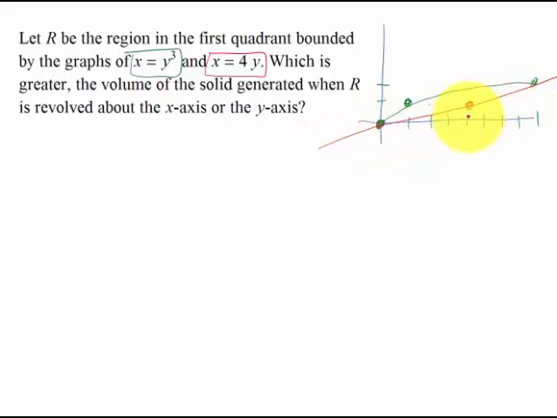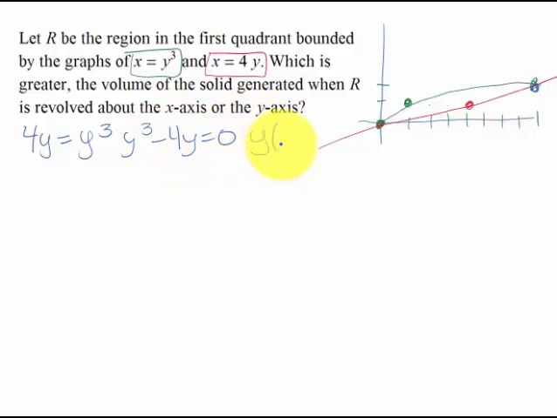Now my line looks kind of curved here and I don't trust how I drew this, so I need this intercept point. The way I'm going to find that is to substitute: since x equals y cubed, I can put 4y in for the x, so 4y equals y cubed. If I move things over, y cubed minus 4y equals 0.